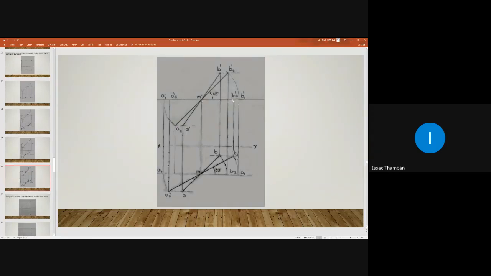Similarly, take radius m dash b3 dash, draw an arc and make sure that it is passing through b3 dash. Is it passing through a3 dash and b3 dash?